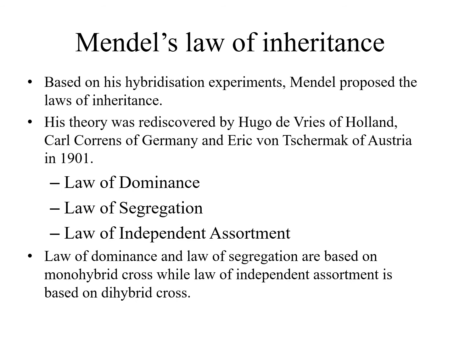He told 3 laws. First, law of dominance. Second, law of segregation. Third, law of independent assortment. Already we saw that the law of dominance and segregation are based on the monohybrid cross. Independent assortment is based on the dihybrid cross.